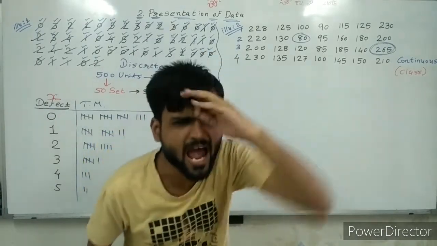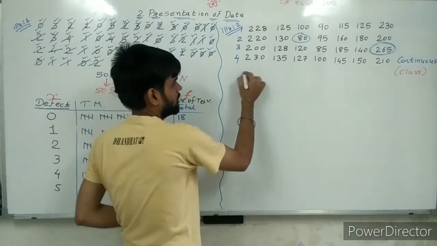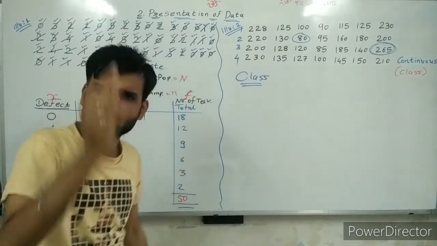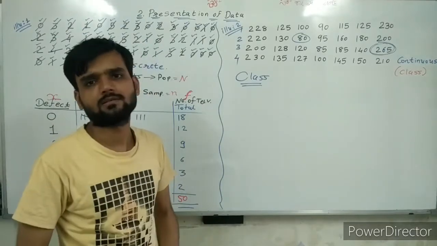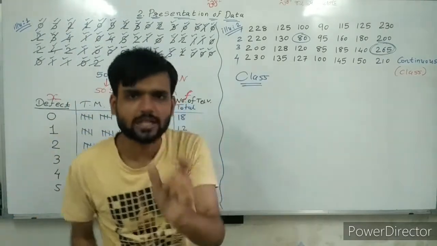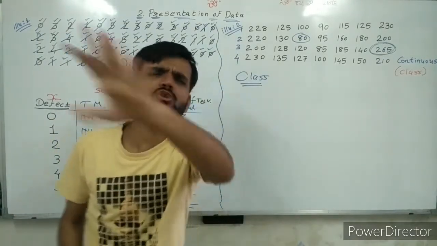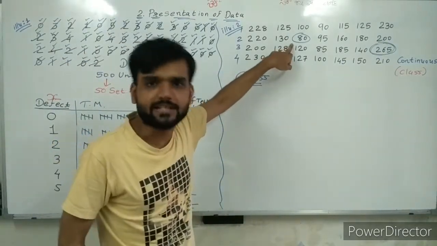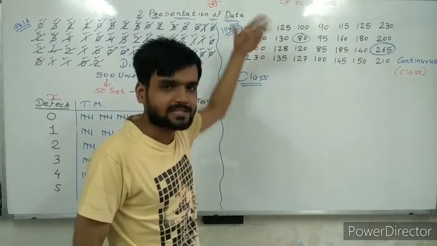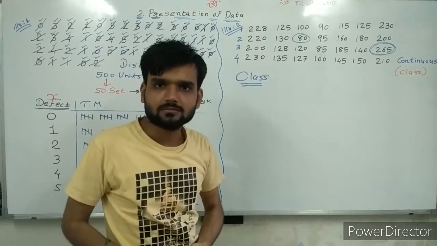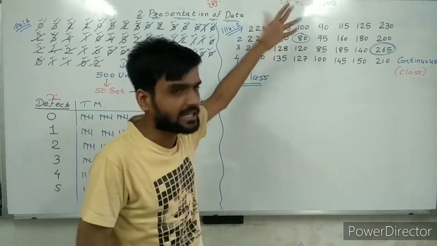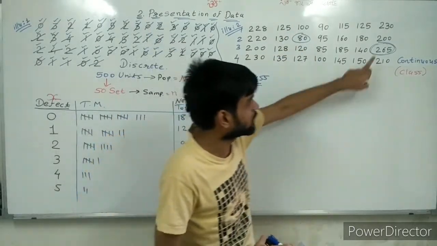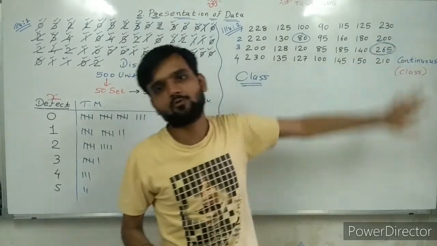For that, we have to prepare classes, 0 to 10, 10 to 20, 20 to 30, whatever you want. But start with 80, because there is no sale less than 80. So 80 or more is considered, and we are going up to 265.